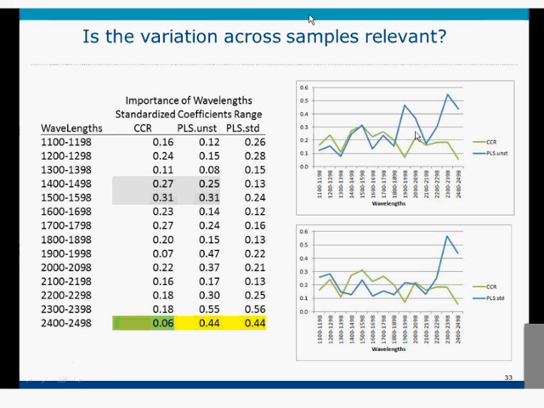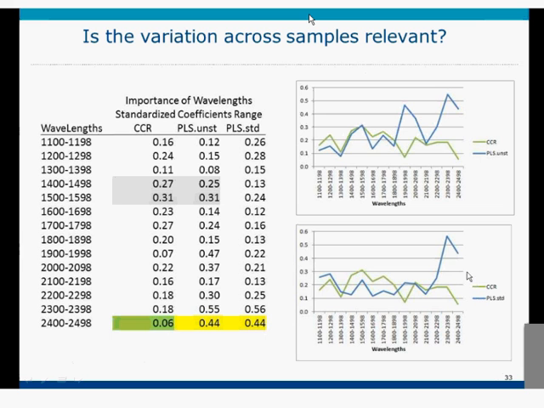But for some, PLS mistakenly believes that there's a lot of relevance to those ranges. When you standardize the predictors with PLS, it turns out to improve in some cases, but you still have the problem up here at these later ranges.